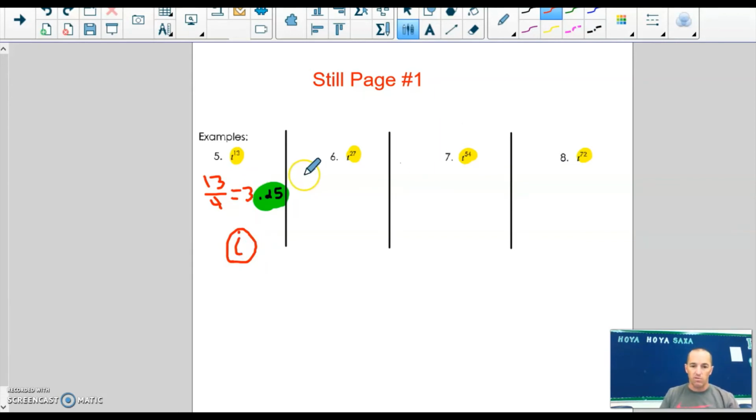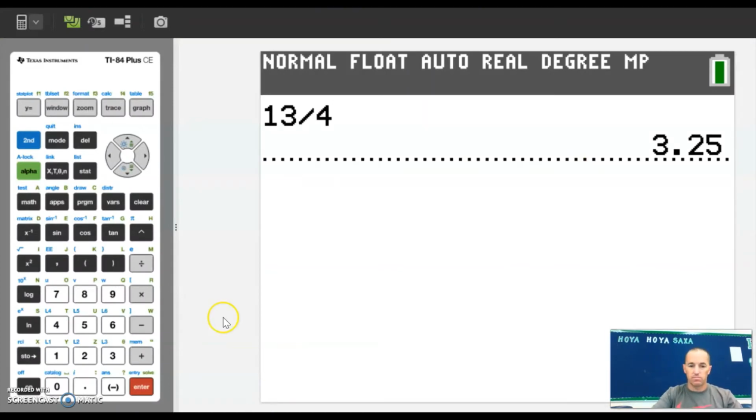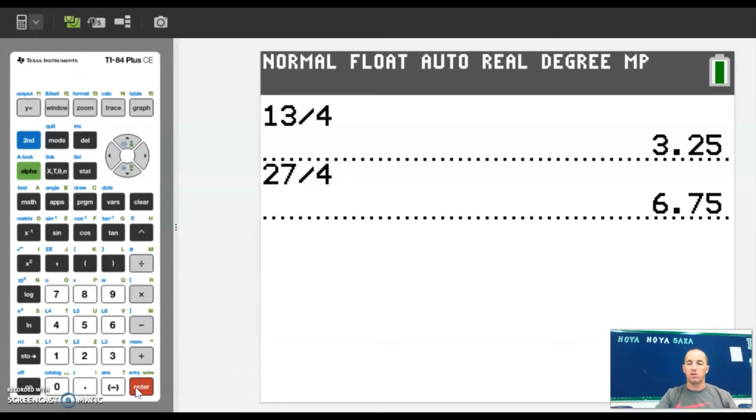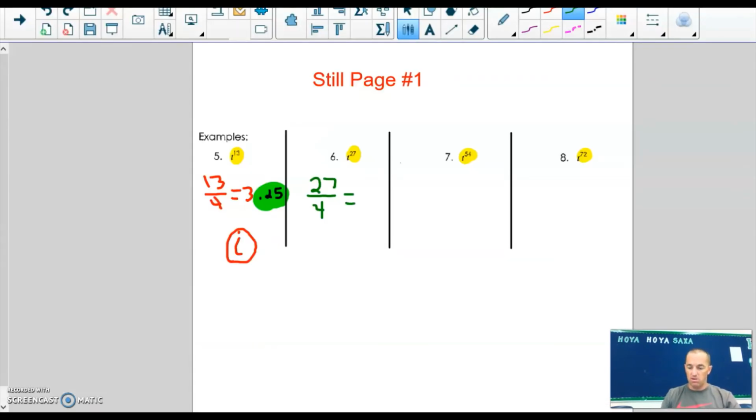Okay, over to number 6. We're going to take 27 and divide it by 4. 27 divided by 4 is 6.75.